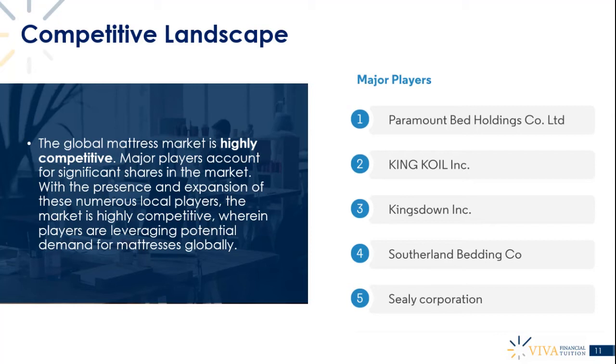They're looking to those high growth markets where the middle class is beginning to explode and you're seeing increases in disposable income. Some of the major players here, these are some of the most recognizable brands internationally. You have Paramount Bed Holdings, King Coil, Kingsdown, Sutherland Bedding, and Sealy Corporation. And we're going to look at two interesting companies, as I said, at the end of this industry analysis.